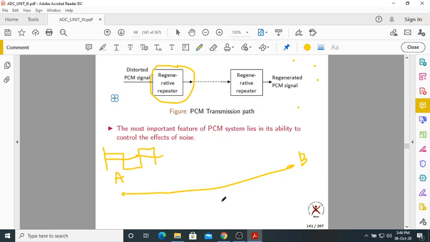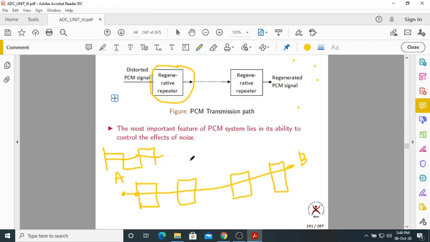So along the transmission path, we keep some regenerative repeaters close enough, at regular intervals of distance. Suppose you are transmitting this signal from point A. By the time the signal reaches this point, it may be corrupted by noise.